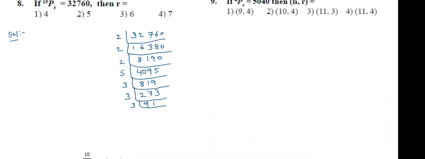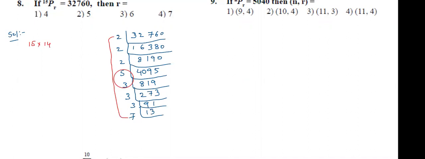How to write, friends? Here, what is n? 15. So we need to write 15 onwards. First, I am going to collect these two terms: 5 threes are 15. Next, I collect these two terms: 7 twos are 14.